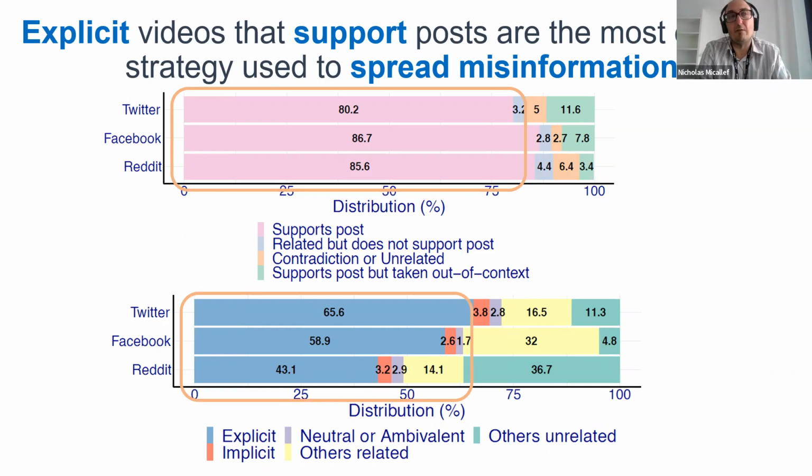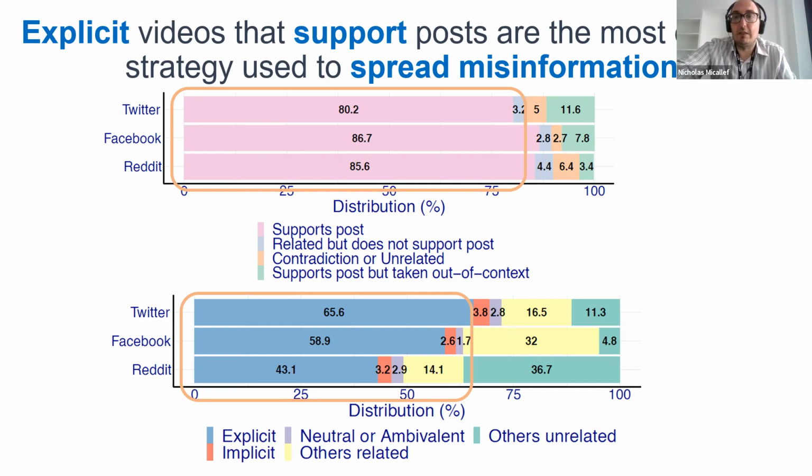With implicit, we find that it's way more common for misinformation tweets than counter misinformation. And we also found that Reddit was significantly different. How videos were used on Reddit was significantly different from the other two.